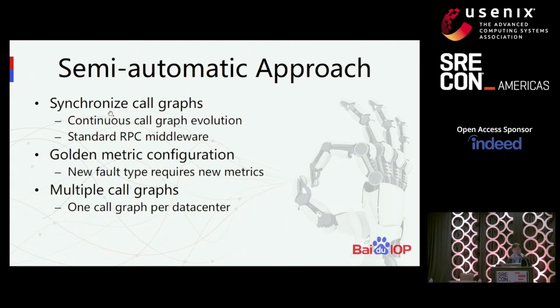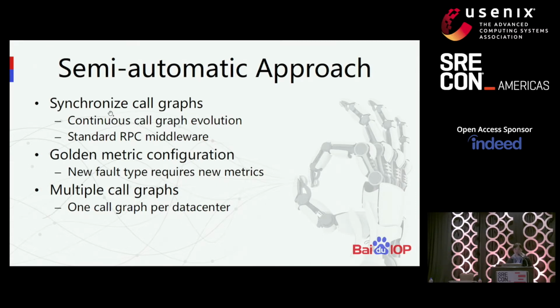But unfortunately, many of our production systems have legacy code, so they use different middlewares, and we could not find a good method to expand our tool. The second limitation is that the golden metrics must be maintained manually, because newly appearing fault types usually require new metrics. The third is that people still need to look at multiple call graphs even for a single product.